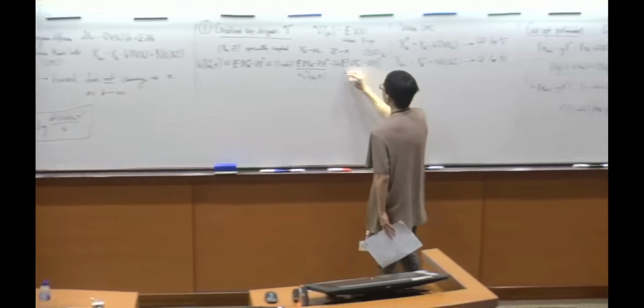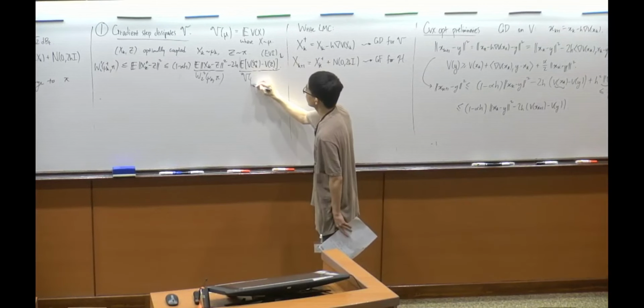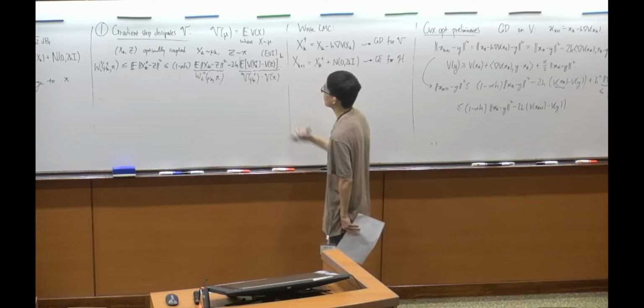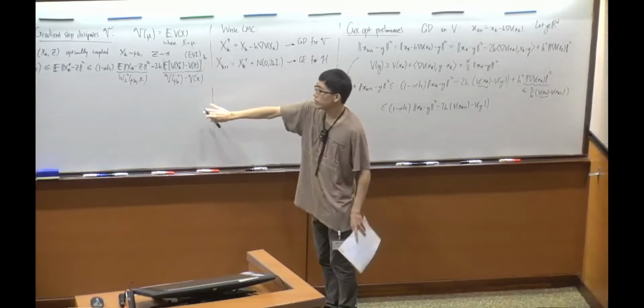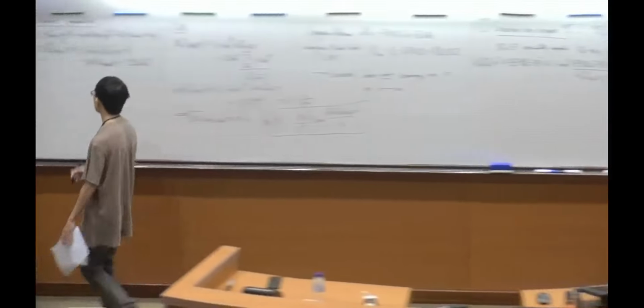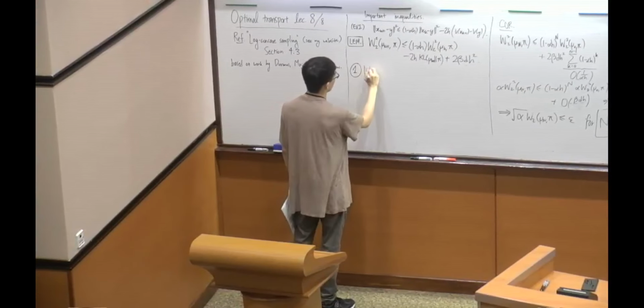And finally, by the definition of the potential energy functional, this thing is just V of mu_k^+ minus V of pi. Okay, so I'm going to write down this inequality that we proved over here. This is going to be the first of three inequalities.